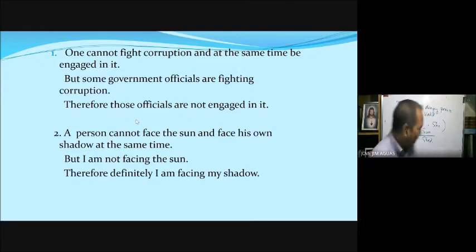Now, look at this. It followed the denying process. So he's not facing the sun, therefore he is facing his shadow. It followed the denying process. Valid?